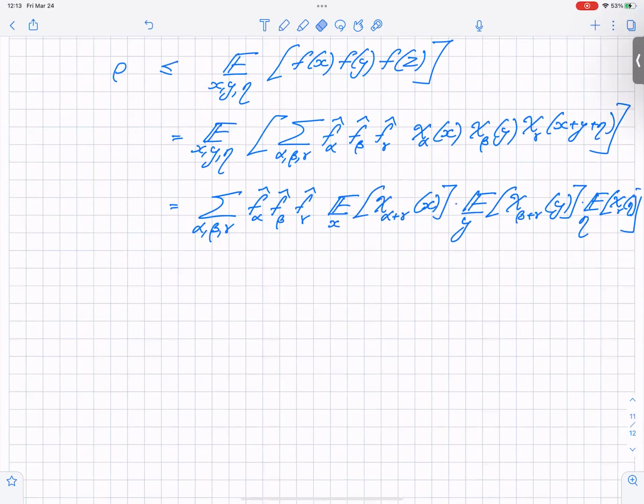So you have f hat alpha cubed, those two factors are 1 and 1, and all you have left is the expected value of chi alpha of eta.